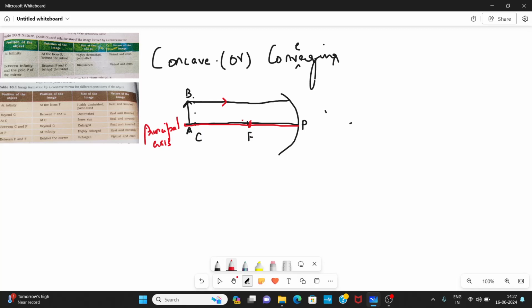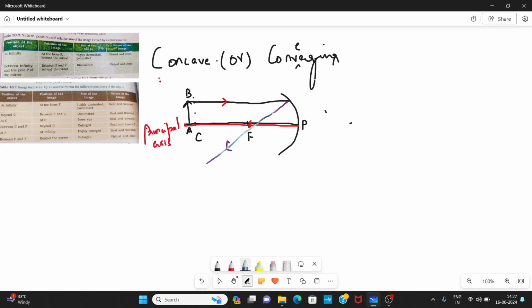So how will my reflected ray be? If your incident light is parallel to your principal axis, then your reflected light will pass through the focus.